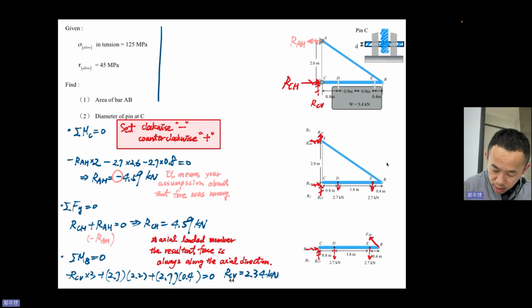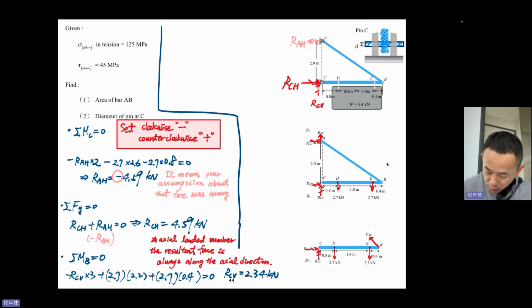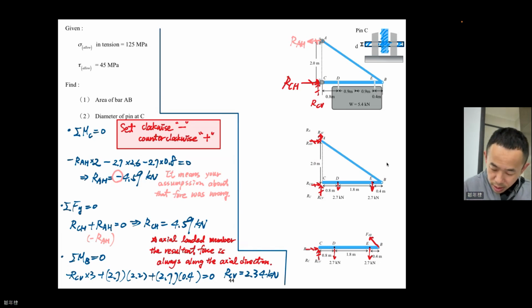We're almost finishing the balance. Sigma Fy equal to 0. RAV plus RCV minus 2.7 minus 2.7 equal to 0.